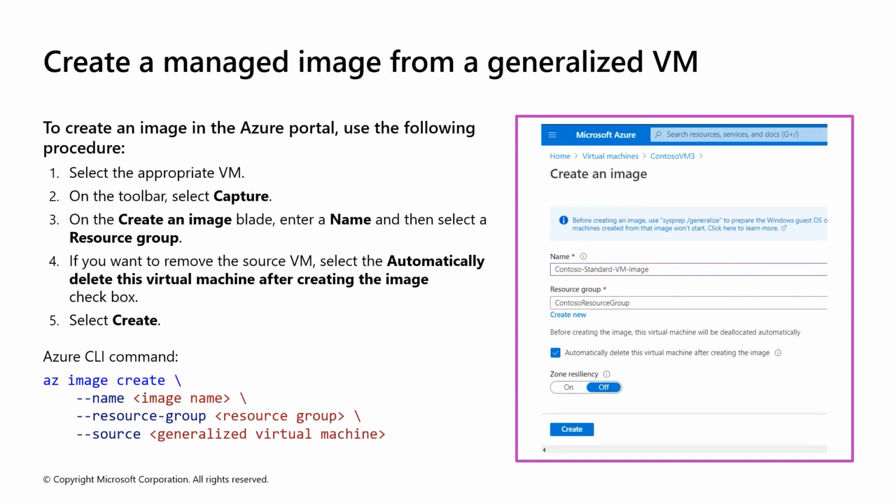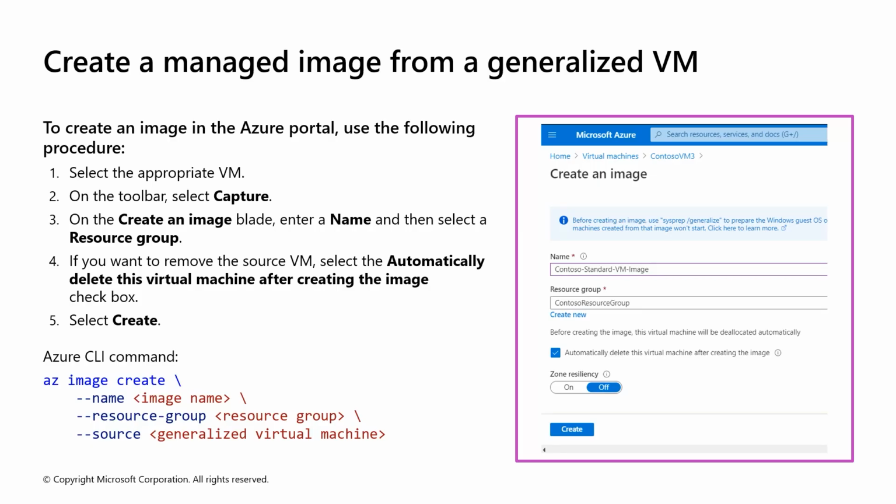Now, let's see how to create a managed image from a generalized virtual machine in Azure. First, select the VM you want to use as your image source. In the Azure portal, click Capture on the toolbar. Enter a name for your image and select the resource group.